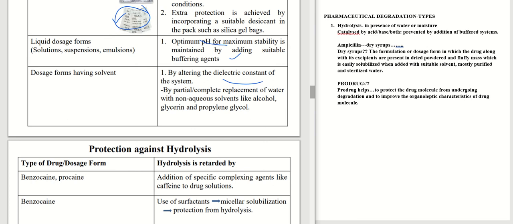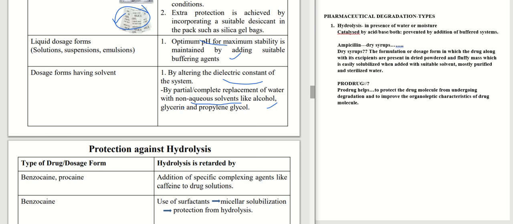As hydrolytic degradation mostly takes place in the presence of moisture or water, we can replace this water with many other non-aqueous solvents based on drug compatibility, like alcohol in hydroalcoholic solutions.